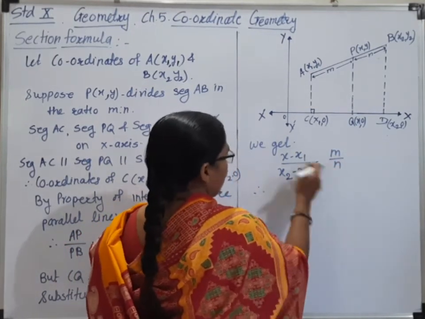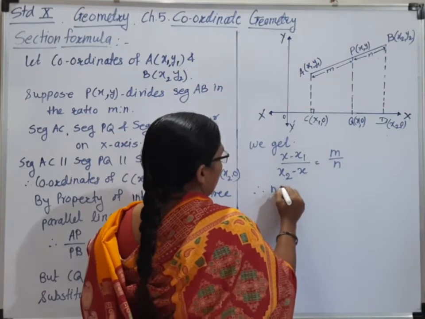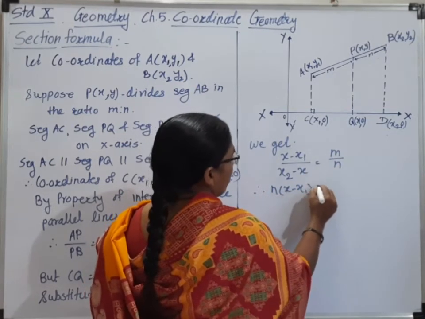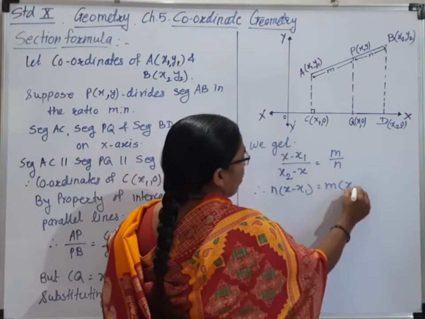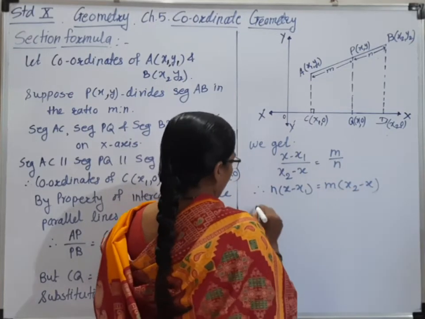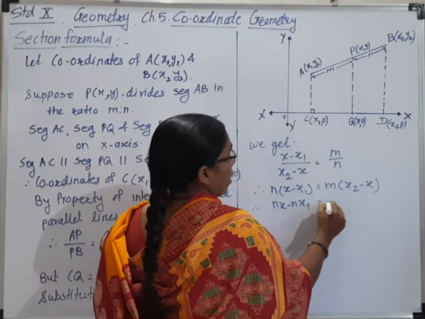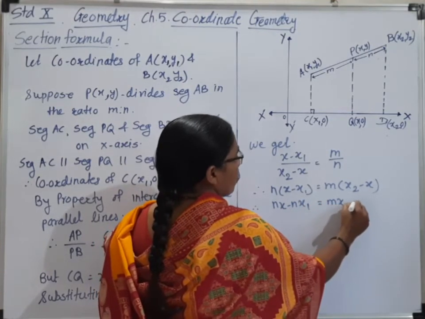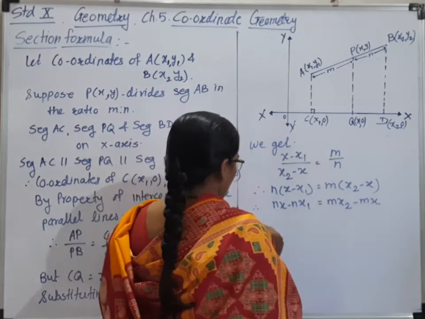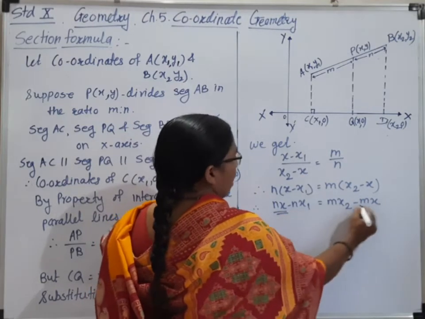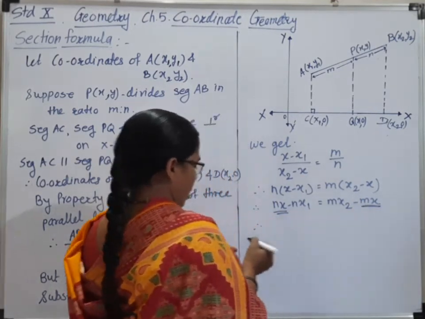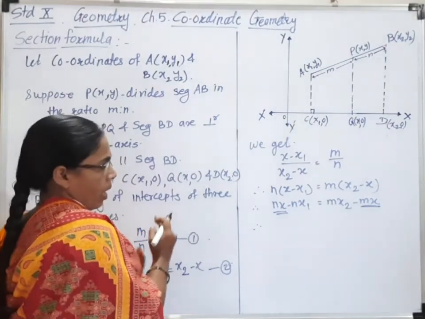Do the cross multiplication. So N into X minus X1 is equal to M into X2 minus X. Therefore, Nx minus Nx1 is equal to Mx2 minus Mx. Now Nx and Mx are like terms, so we can take them to one side.